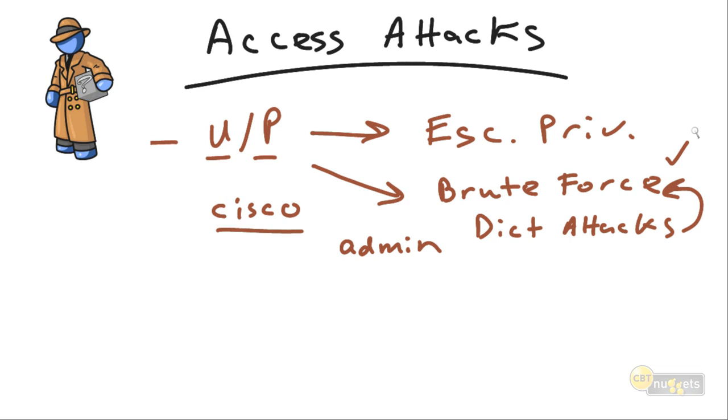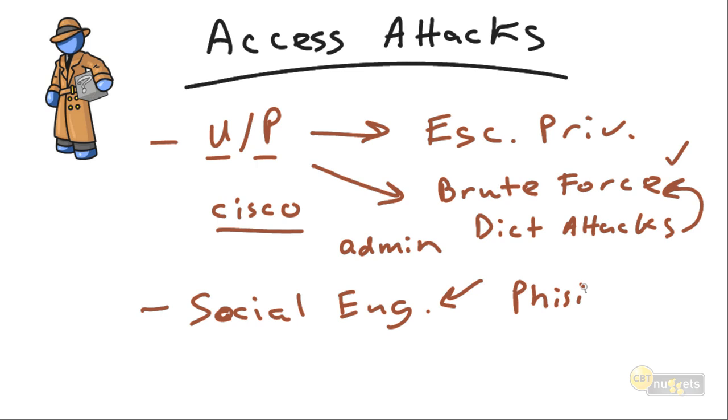Now, something else that really is troubling in today's environment with access attacks is social engineering. And you might think, oh, I've heard about this, it would never happen to me. This would be like phishing, right? That's a great example of a social engineering type of attack where they come up with a web page that looks like the web page of a legitimate organization, only it's an illegitimate version of the page.